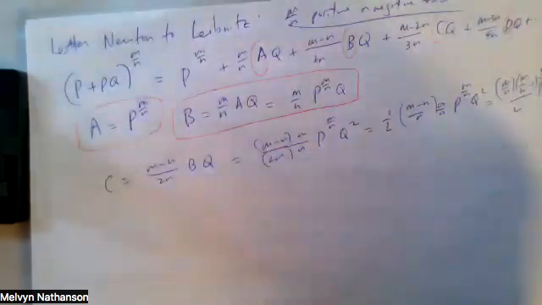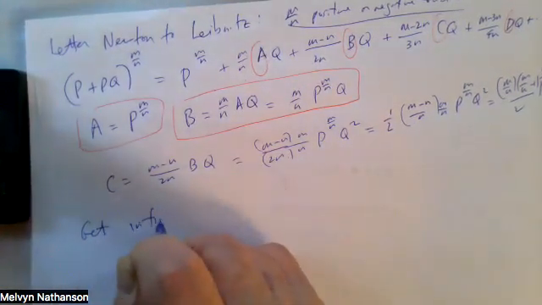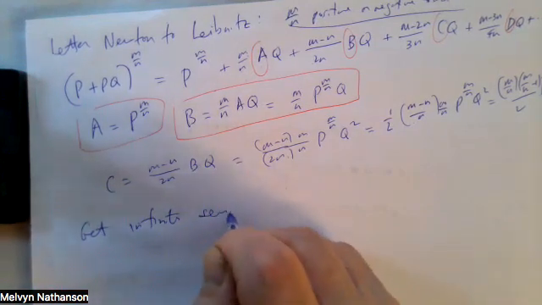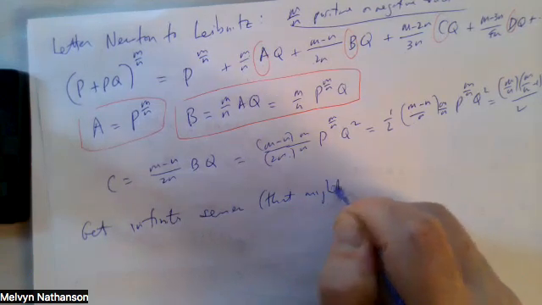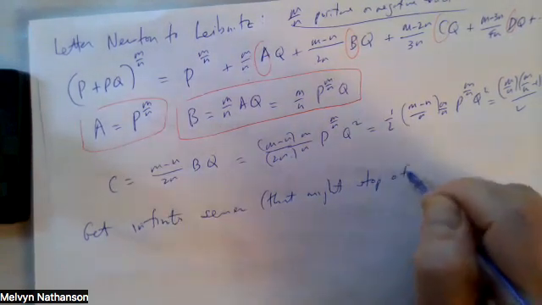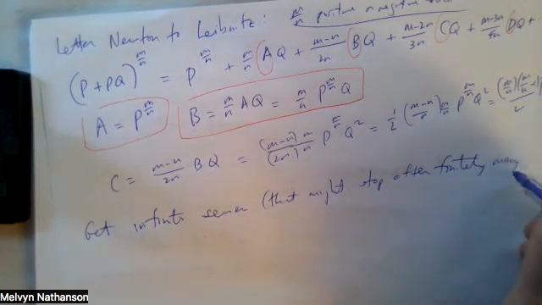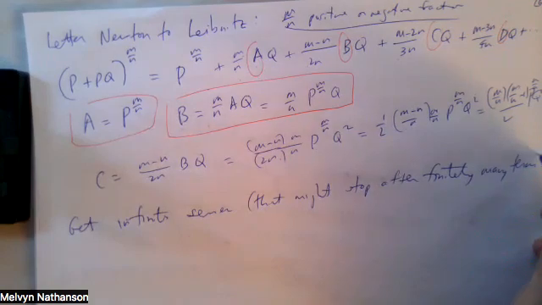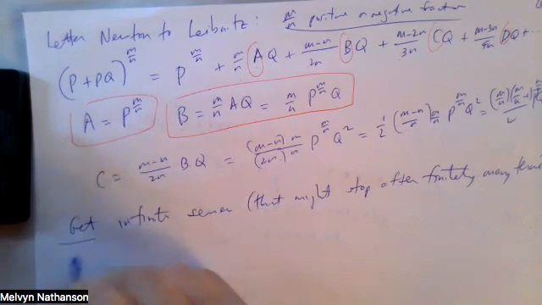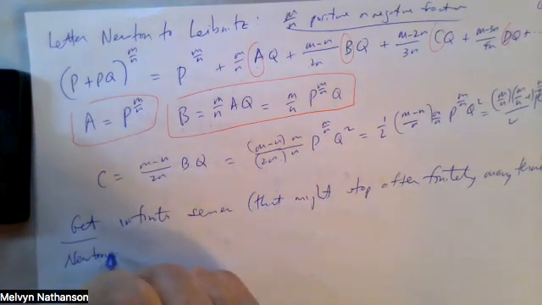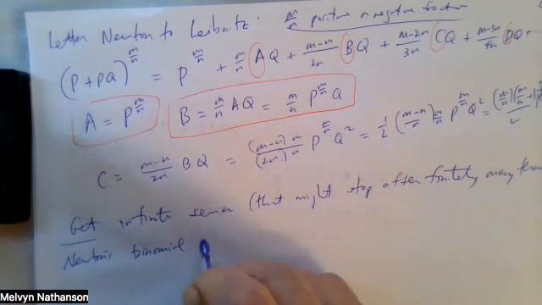And we get some infinite series that might stop. It might stop after finitely many terms, and it might not. But this is Newton's formula. So this is Newton's binomial theorem.